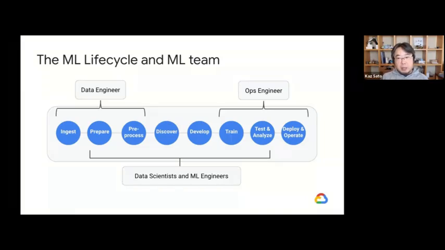And also, the ops engineer can be responsible for building a large-scale continuous training pipeline, the ML pipeline, and also testing, analysis, and validation of the behavior of the model, and the large-scale serving infrastructure, where you can deploy the model and run the prediction services at scale.